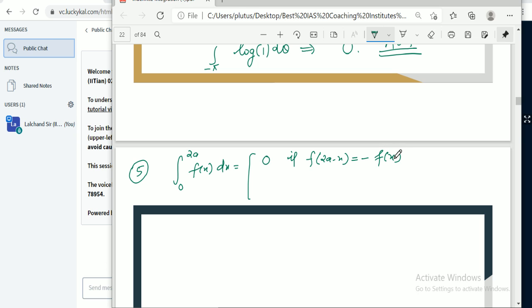This value will be 0. And otherwise this value will be equal to twice integral 0 to a f(x) dx if f(2a minus x) is equal to f(x). Okay, this is the next property.